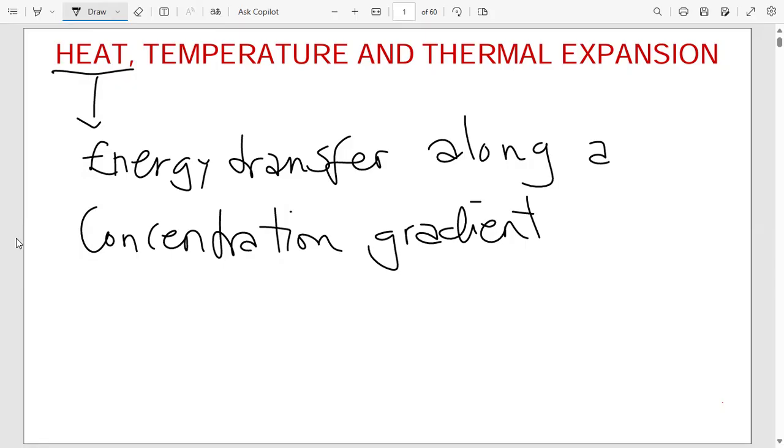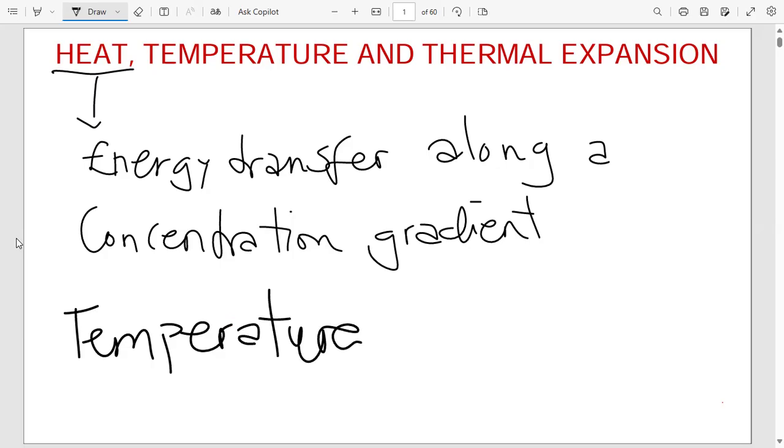That means we are transferring thermal energy from an area of high concentration, which means from a surface which has high thermal energy concentration or high temperature in general, because temperature, on the other hand, is the one that is going to tell us the average thermal energy that a material is having. So we are transferring this thermal energy from an area of high temperature to an area of low temperature, and that is what we are calling heat.